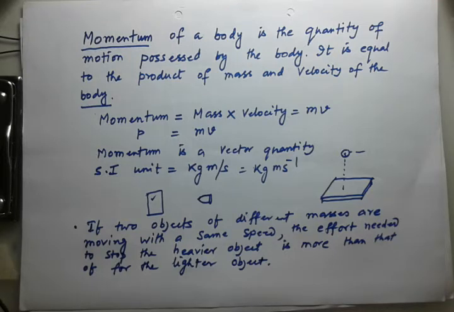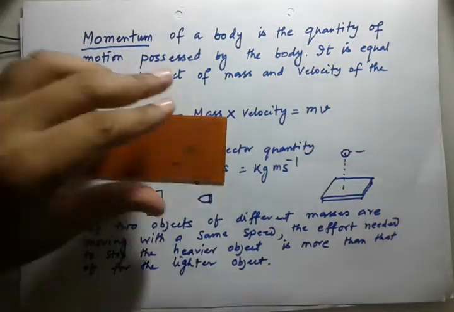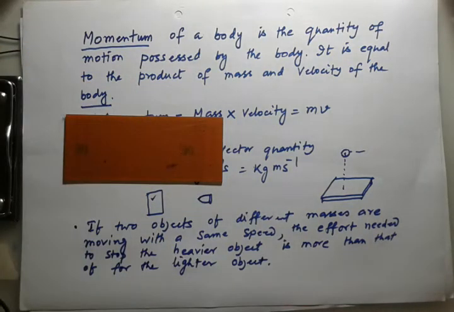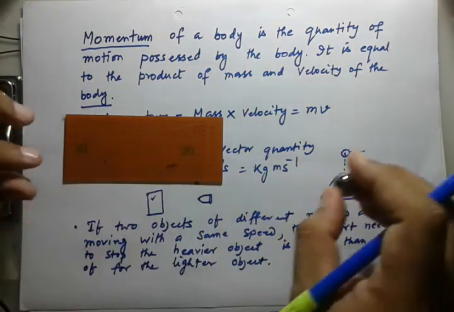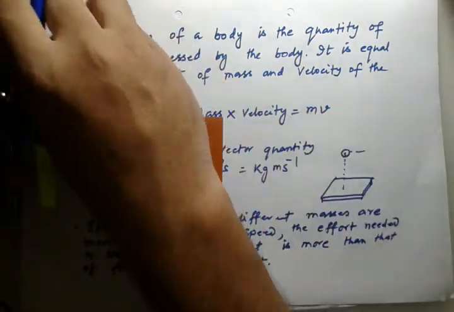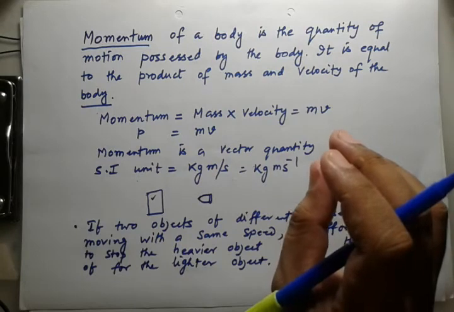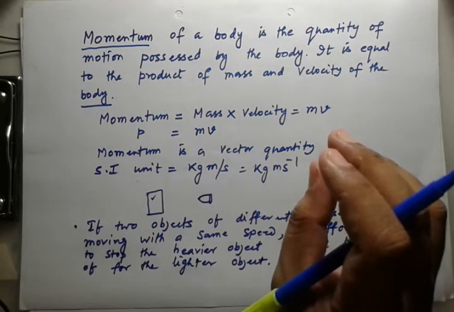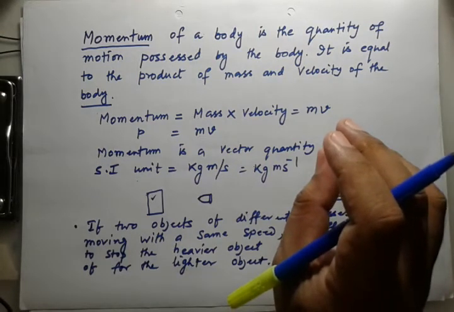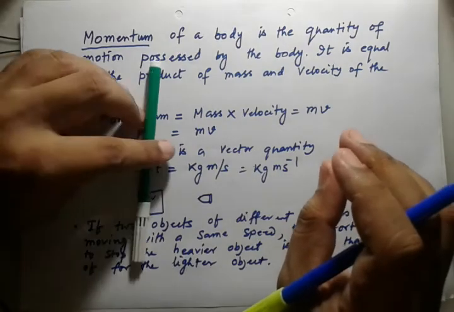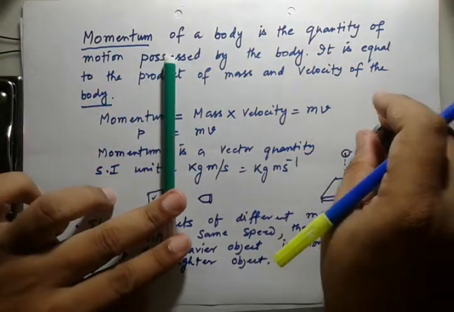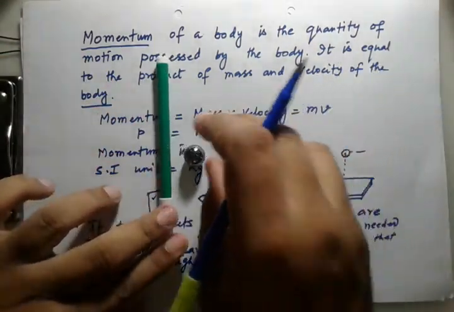Now another thing we can draw. Suppose this is an object here. Now we just roll it down and see what will happen. Suppose you take this pin. The small object will get stopped this way.